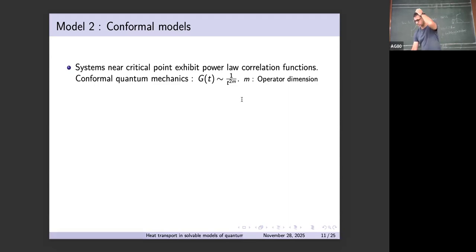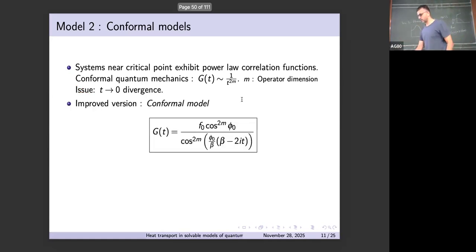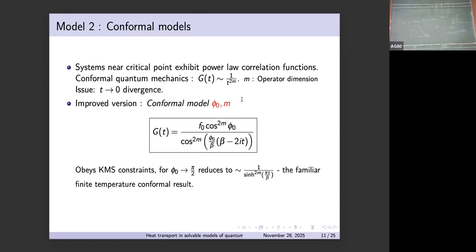So other toy models. Inspired by the power law divergence of a two-point function in conformal quantum mechanics, we wrote down one more model. This again doesn't look like too much of a conformal quantum mechanics model, but what you could check is that it satisfies the KMS relation, which is a strong self-consistency relation on the two-point Wightman functions.